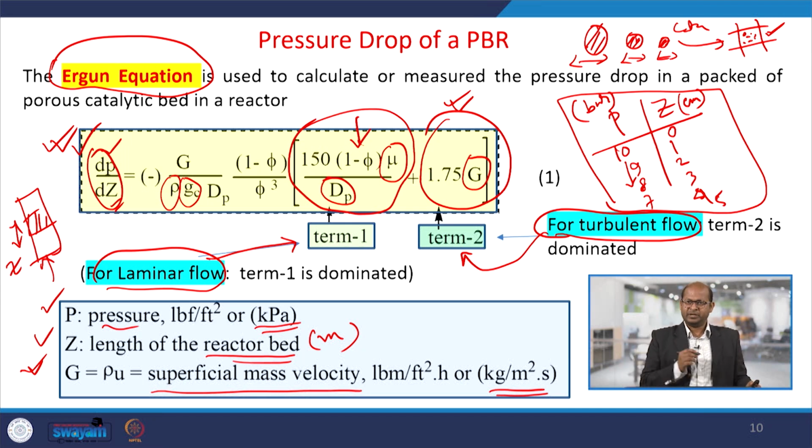Depending upon that, the reactor pressure would also change, which we will discuss in our next class. These are the things we should know: the Ergun equation we should study.